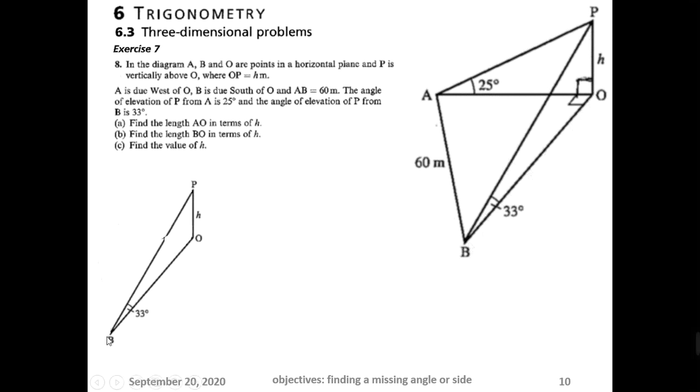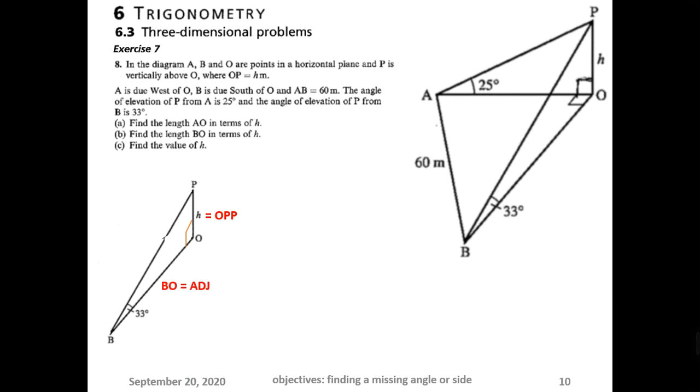What's given to us is this angle, which is 33. Based on the given angle, H is the opposite side. This is my 90 degrees for sure because PO is vertical on the plane. So it's vertical on OA and it is vertical on OB as well. This is the opposite side to angle 33 and OB is the adjacent side.